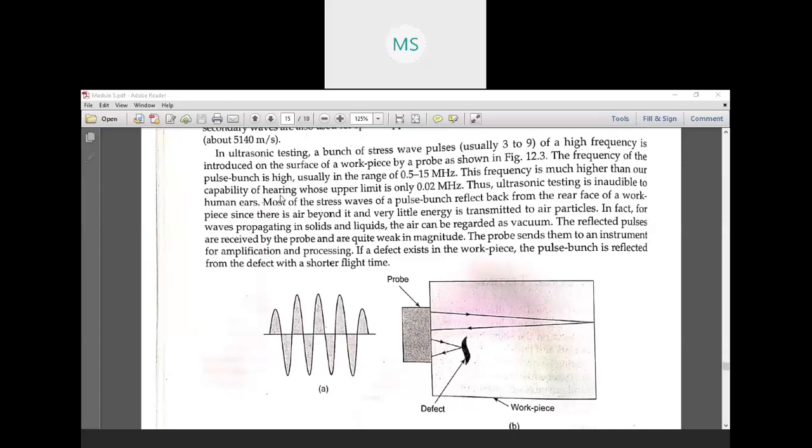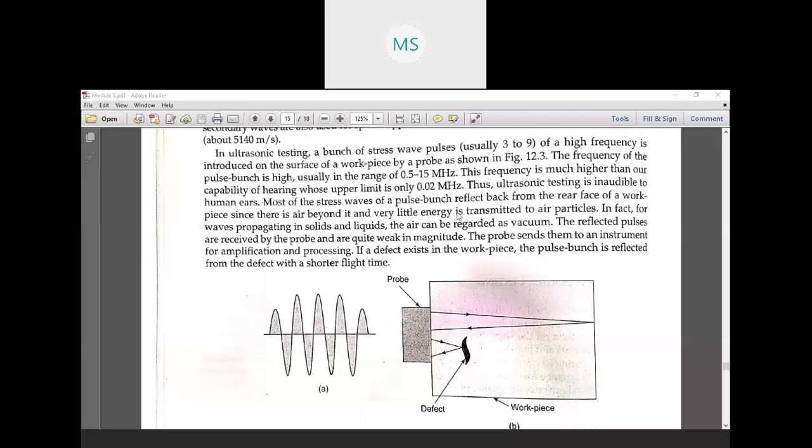The frequency of the pulse bunch is high, usually in the range of 0.5 to 15 megahertz. This frequency is much higher than our capability of hearing, whose upper limit is only 0.02 megahertz. Thus ultrasonic testing is inaudible to the human ear.